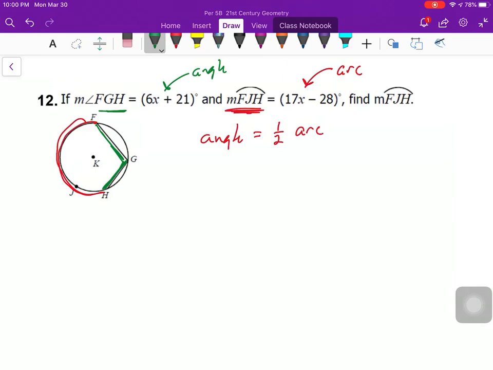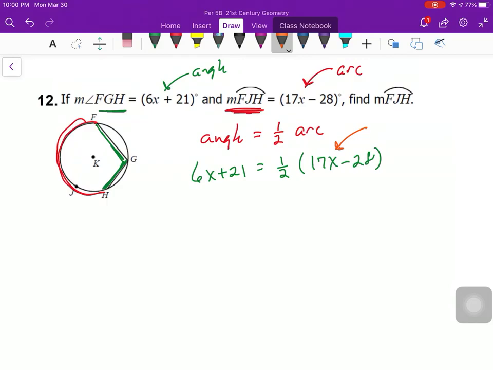This one is the arc. This one is the angle. So when I set up my equation, I would have 6x plus 21 equals 1/2, and then 17x minus 28.